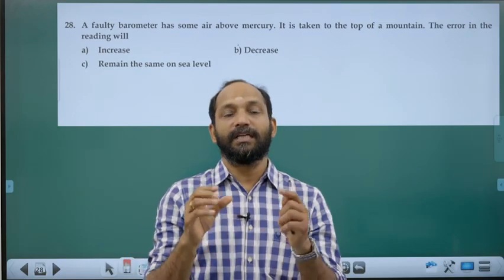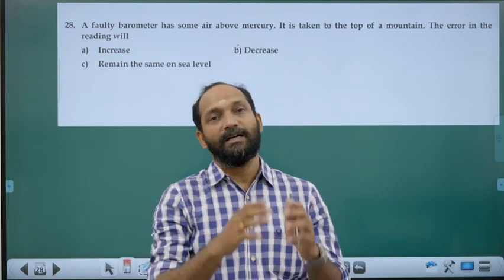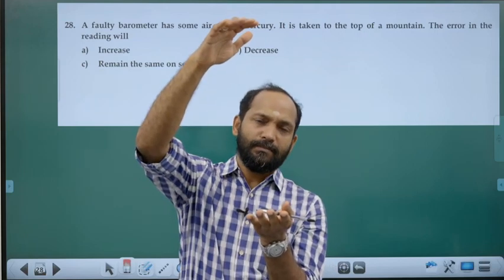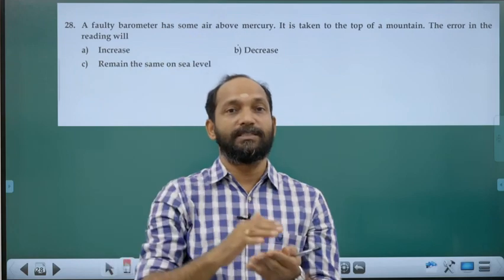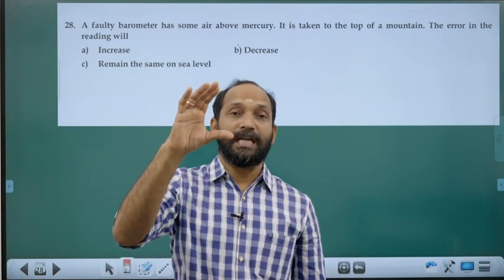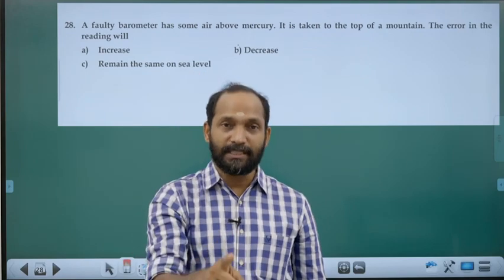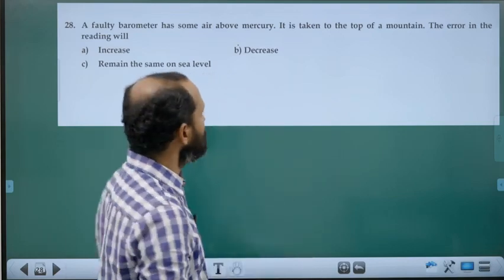So when this erroneous barometer is taken to a higher altitude, the mercury thread falls, the space above it increases, but that means the volume of trapped air increases. So the pressure of trapped air decreases. As the pressure of trapped air decreases, the error decreases. It's a very good question. Answer is box.